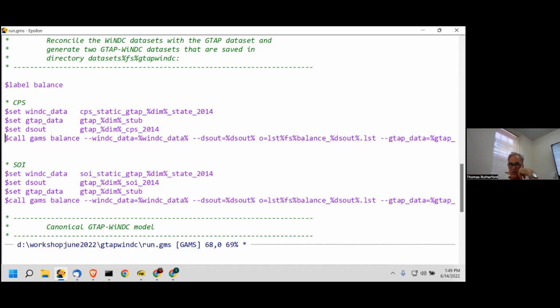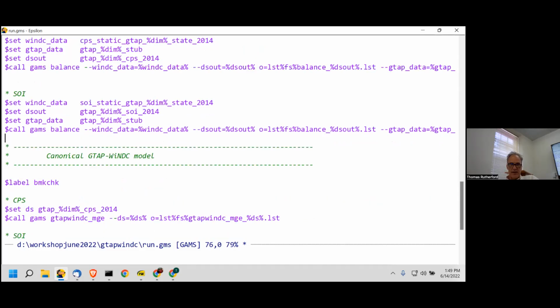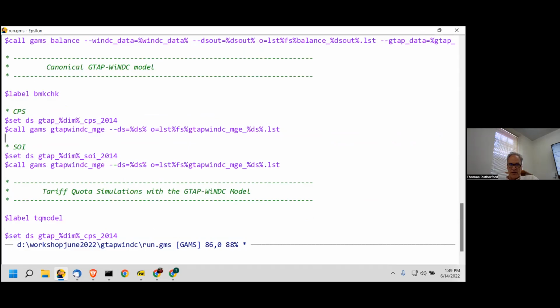And so that generates the two different balanced models. And then once we've got those balanced, we say, okay, let's verify that the data set that's been constructed represents the benchmark equilibrium data set. And so that's what we do inside of this GTAP WiNDC _MGE.